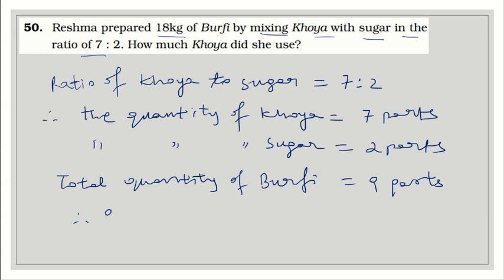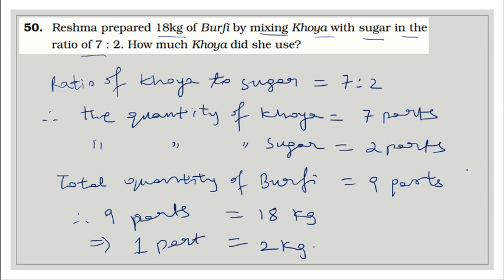Therefore, 9 parts is equal to 18 kg. It implies 1 part equals 2 kg. Now tell me, what is the quantity of koya? 7 parts means 7 twos are 14 kg.